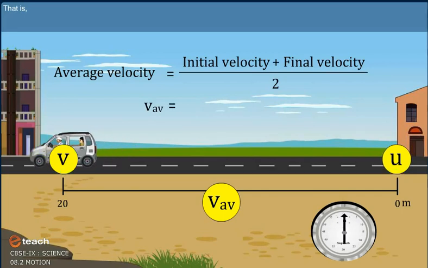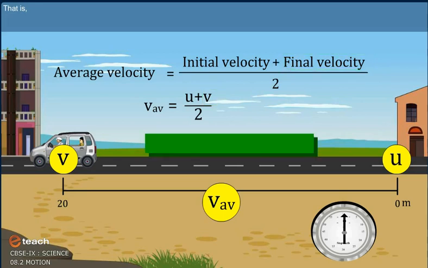Mathematically, v_av is equal to (u plus v) divided by 2, where v_av is the average velocity, u is the initial velocity, and v is the final velocity of the object. Speed and velocity have the same units, that is, m s^-1 or meter per second.